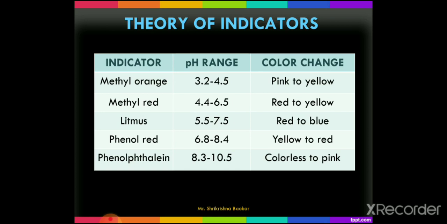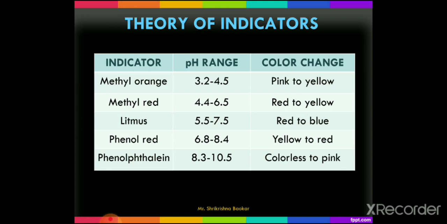For example, methyl orange changes the color of solution from pink to yellow when the pH range is around 3.2 to 4.5. Methyl red changes the color of solution from red to yellow when pH ranges from 4.4 to 6.5.